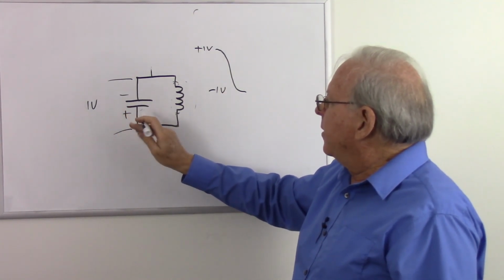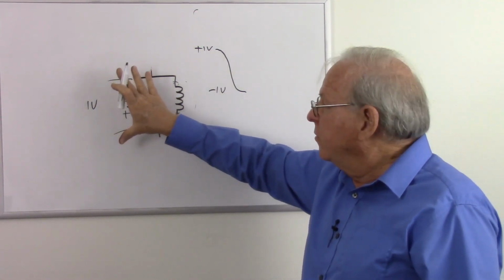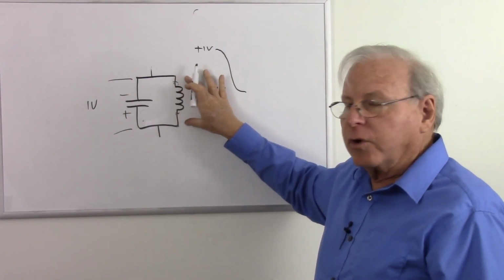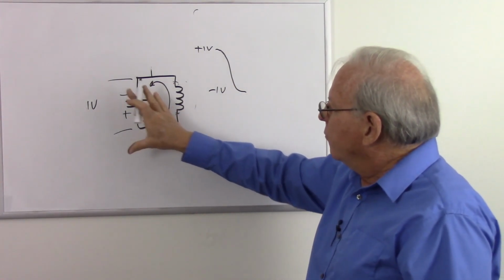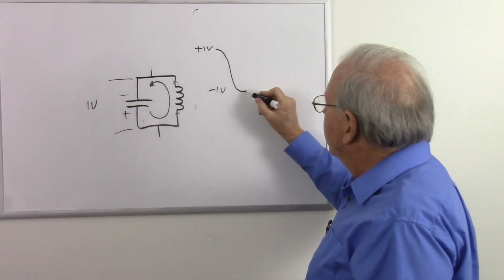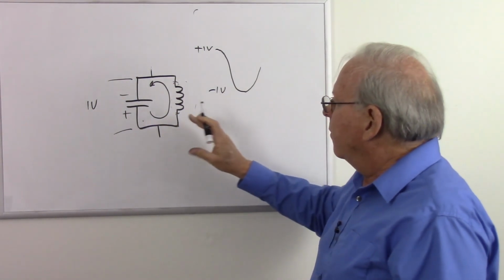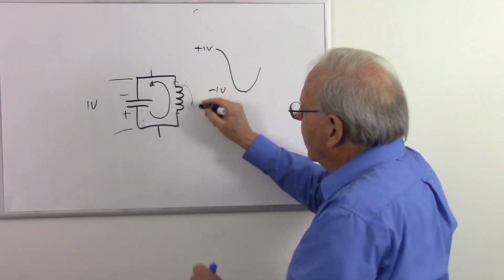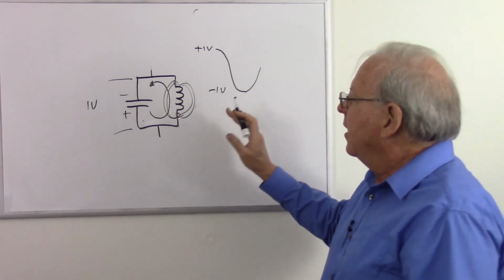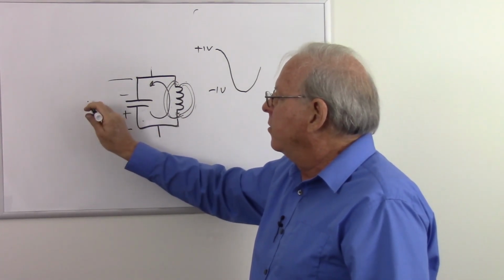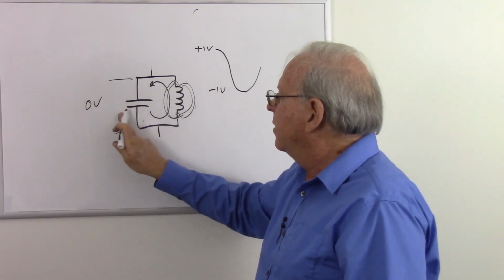But now this capacitor is fully charged. This looks like a short circuit, so it's going to start discharging in the opposite direction. So that's going to discharge, and the voltage is going to go down. As that voltage goes down, we're building more and more magnetic field of the opposite polarity around the coil. So eventually this gets back to 0 volts.